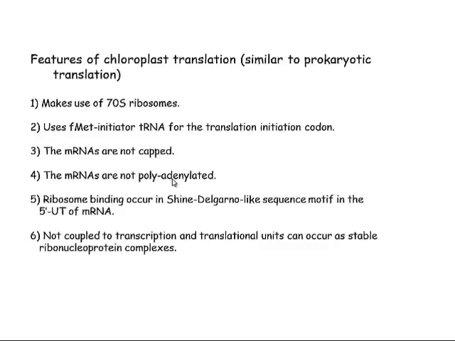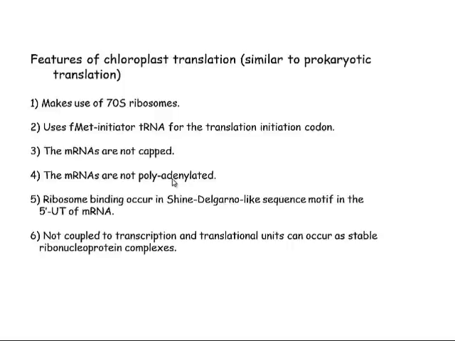Okay, so chloroplast translation, once the RNA has been transcribed, is very similar to prokaryotic translation. It makes use of 70S ribosomes. It uses formylmethionine as an initiator transfer RNA for the translation initiation codon. Messenger RNAs are not capped. Messenger RNAs are not polyadenylated.